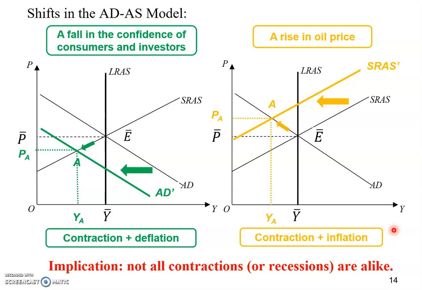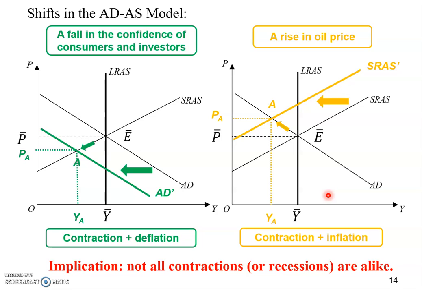But identifying the difference between these two is super important because it gives us a clue about the difference in the causes. On the left-hand side, it's a decrease in aggregate demand, and on the right-hand side, it's a decrease in short-run aggregate supply.